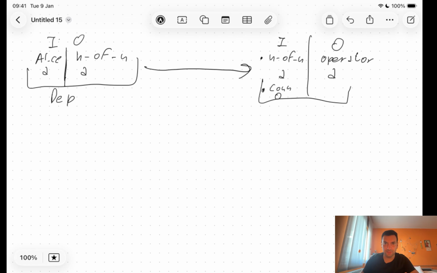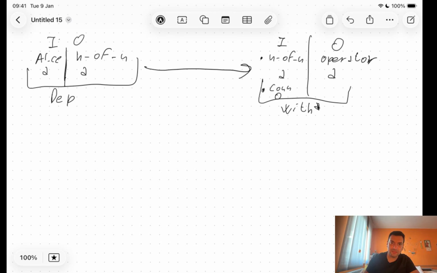It's dust. Let's assume there is only one operator in our system, and I will put an asterisk here because this transaction is not published yet.